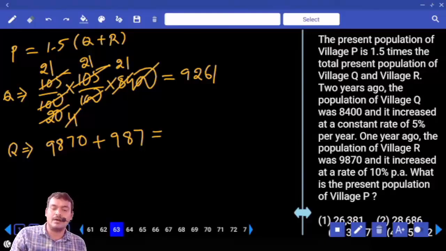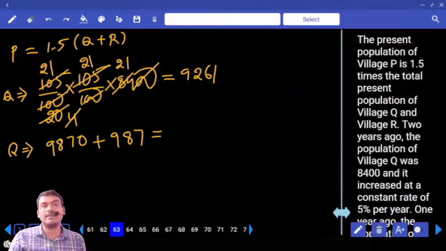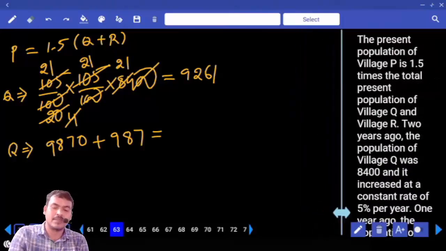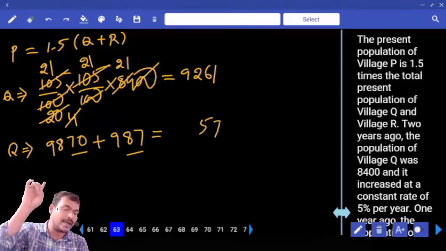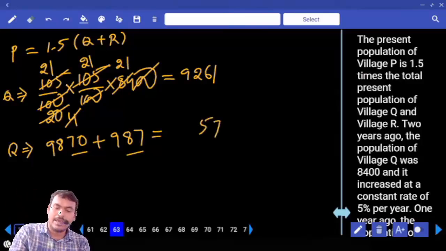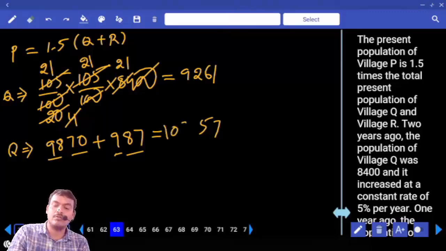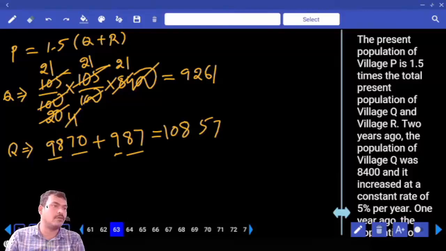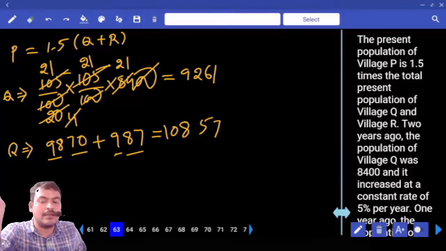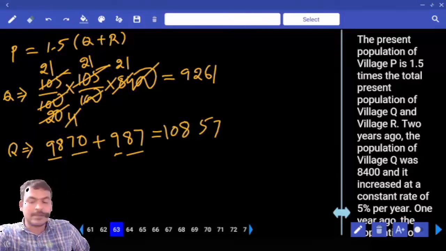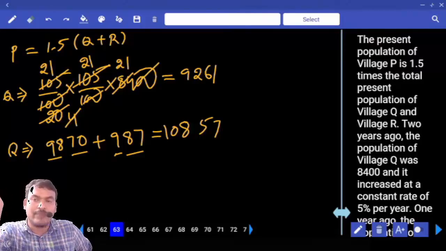Adding, we get the R present value. 9870 plus 987: 70 plus 87 is 157, carry 1. 9 plus 1 is 10, 10 plus 98 is 108. 10857. The Q present value is 9261 and the R present value is 10857.